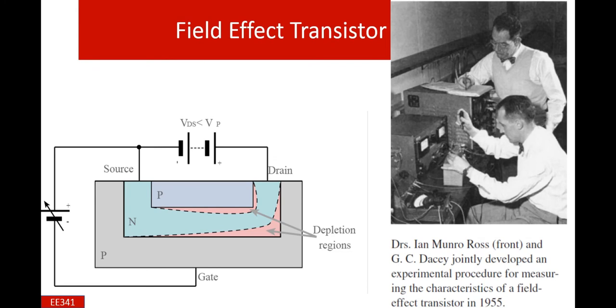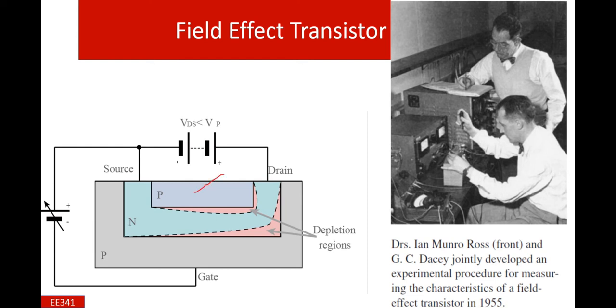So this is an important figure taken from the textbook. Munro and Deci jointly developed some experiments to determine the characteristics of FETs. It was in 1955, and this is a schematic related to the gate.